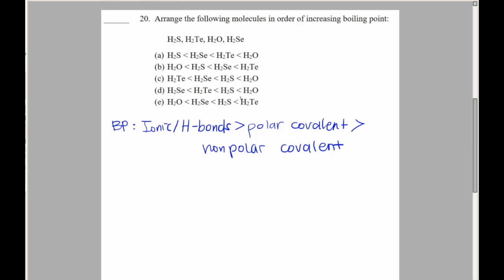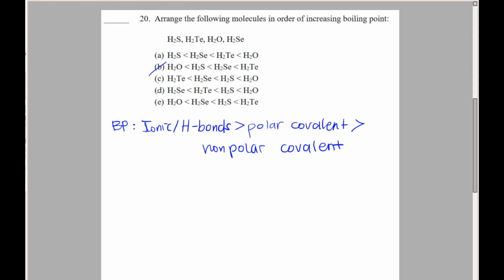So now that we know that, we can try to eliminate some of these. We know that H2O, out of all 4 of these molecules, is the only molecule that can participate in hydrogen bonding. So that's obviously going to be our highest boiling point.